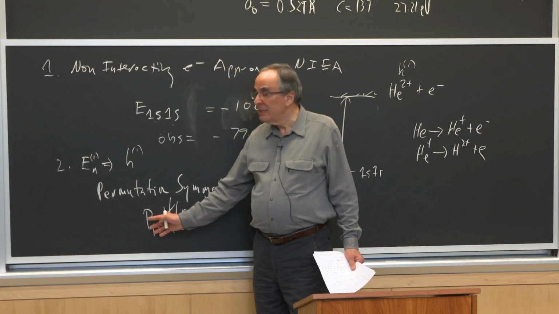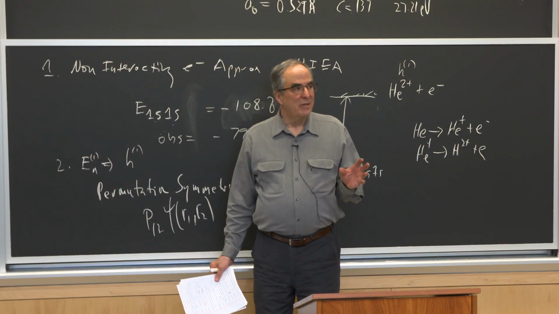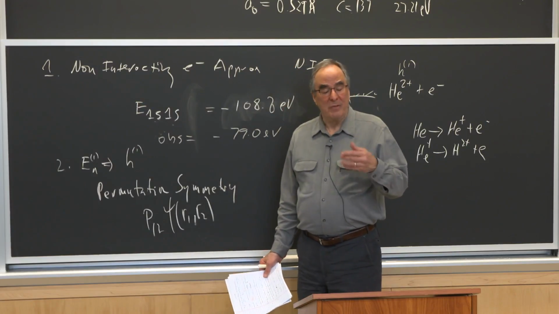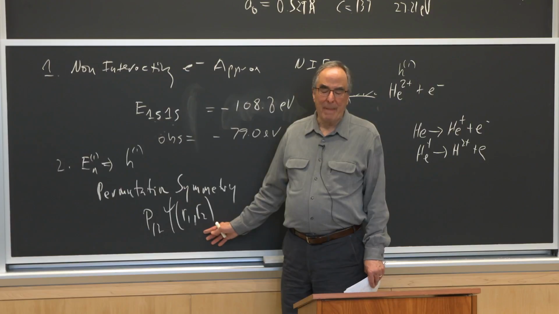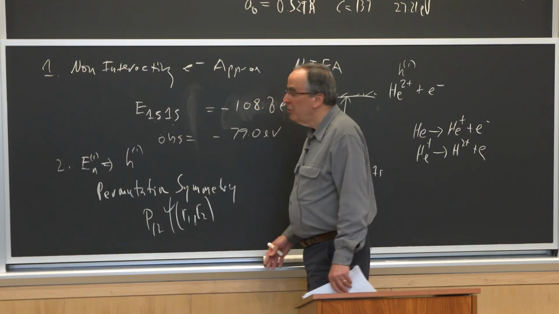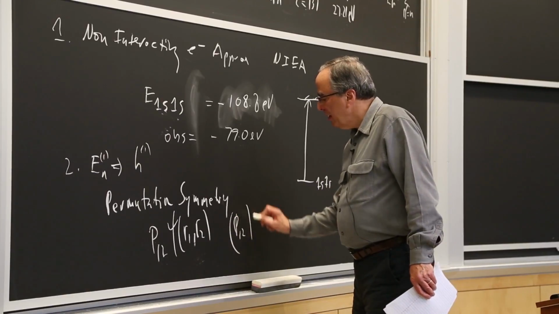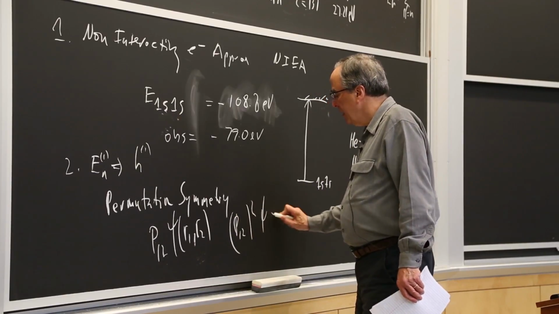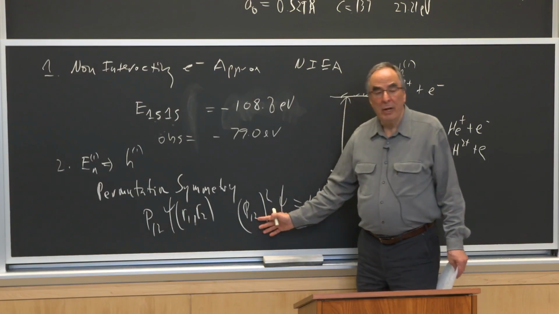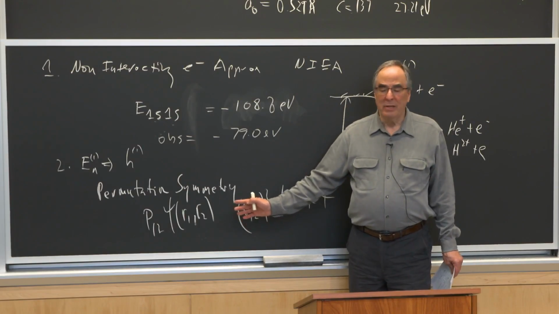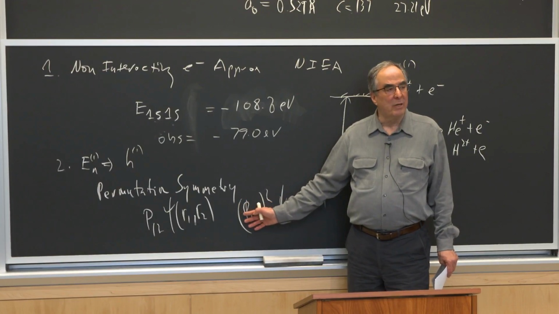So that means that this operator has to have eigenvalues if these states are eigenfunctions of the Hamiltonian. And there are two possible eigenvalues, because we know P12 squared on psi is equal to plus psi. So the only way you can do that is having the eigenvalue of the permutation operator be either +1 or -1.